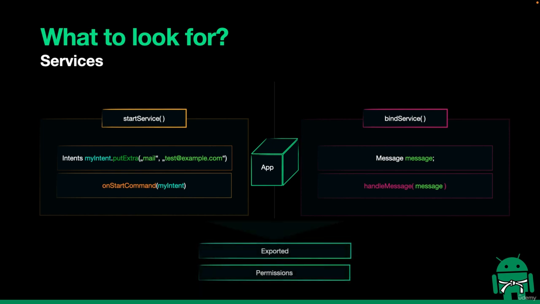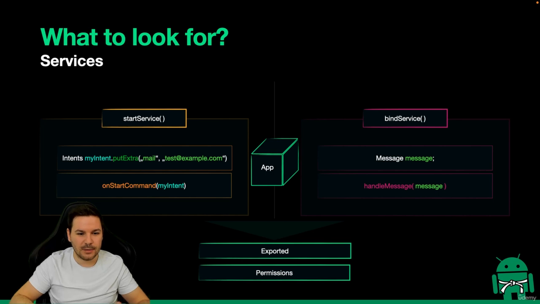To attack a service, once again, the service has to be exported, and we need to have the permission to interact with it. If it's using a custom permission, no problem, until the protection level becomes signature. Then we are having a little bit of a problem. But unless the protection level is set to signature, we might be able to interact with this one if it has been exported. Okay? Perfect. Because this is everything we need to know about the service.